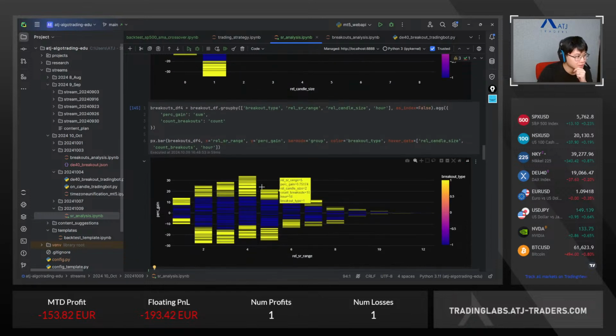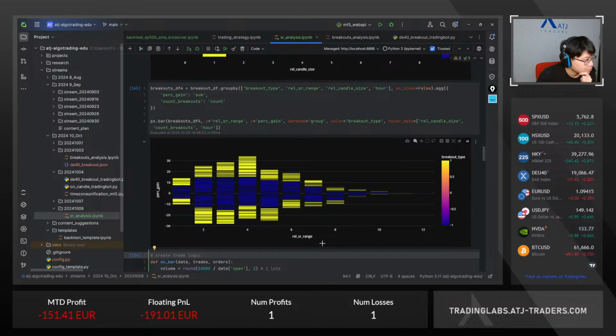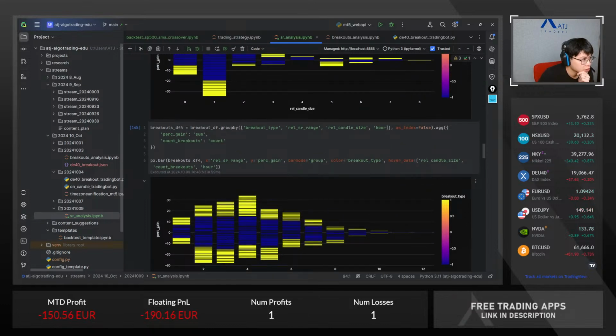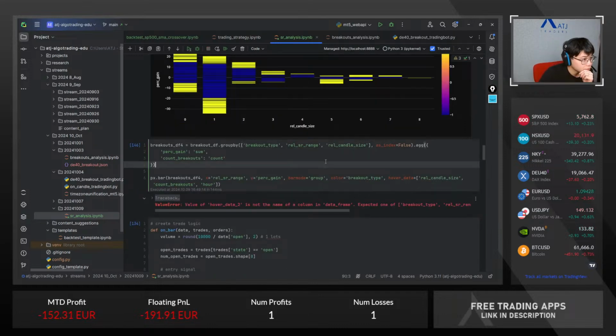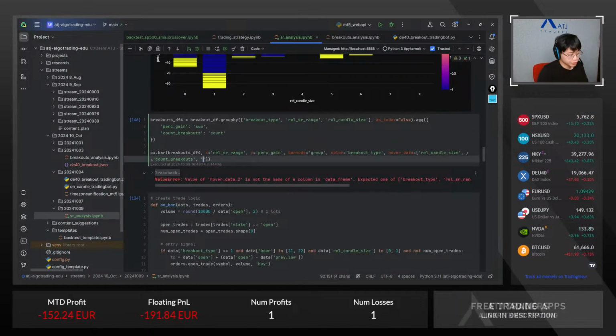See that? This is huge pain. But you know what's interesting actually? No, I think this is not it, but yeah. So filtering by hour, let's ignore that for now. Relative candle size is enough. And we can ignore the hour here.